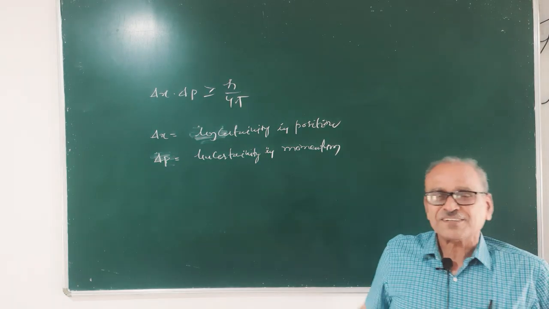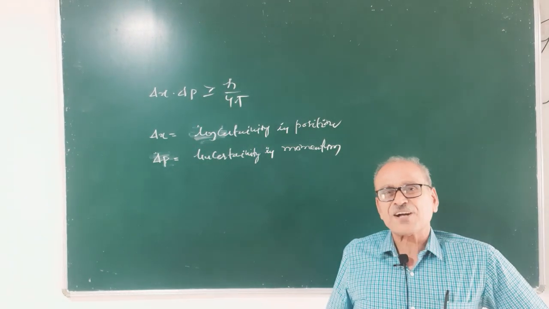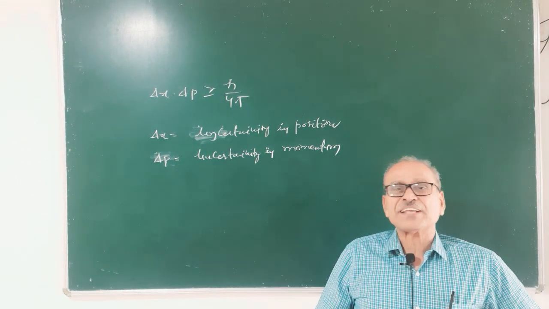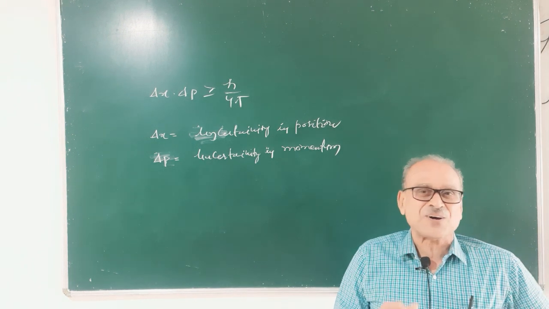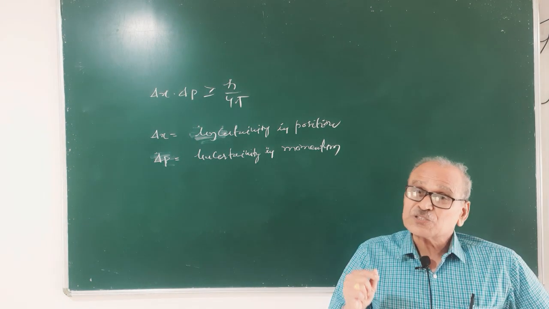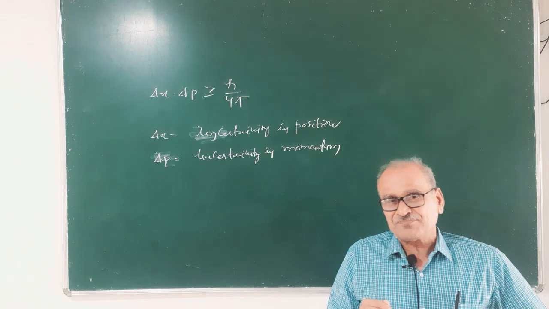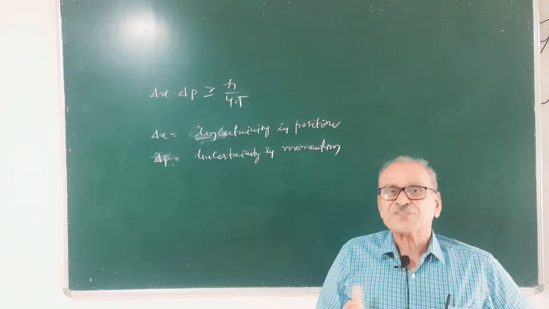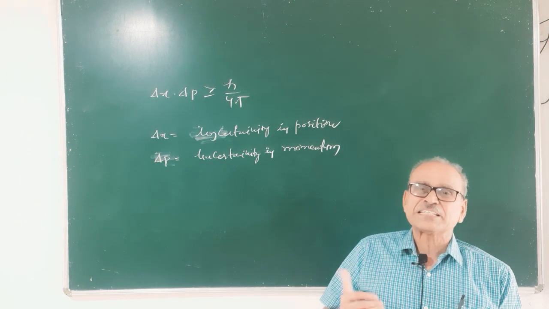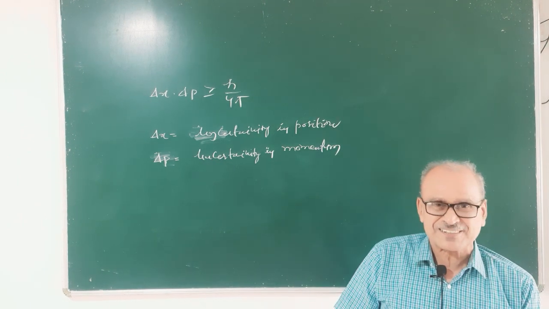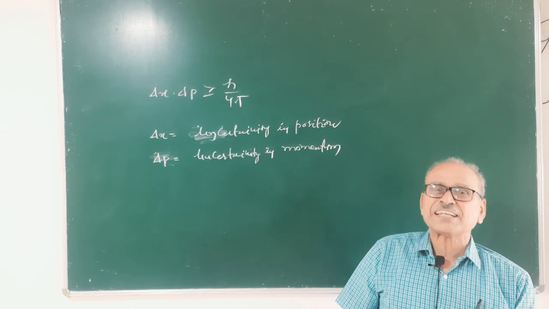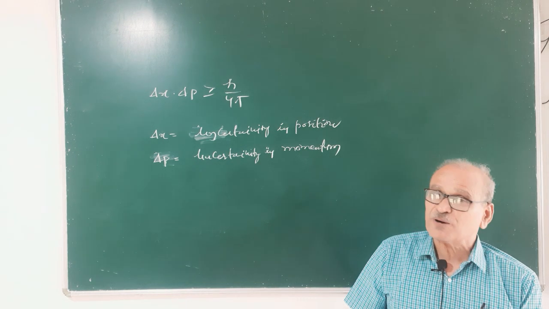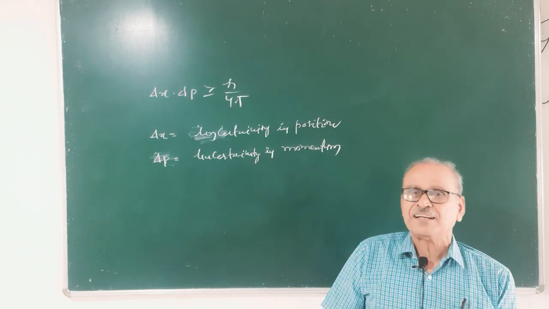But in the case of microparticles, it was not so, because when you want to observe the position of a small particle like an electron, a photon has to impact on it. Photon and electron have similar sizes, so the photon impact displaces the electron position. So, it is not possible to exactly locate the position of the electron. Consequently, its momentum also cannot be exactly determined.